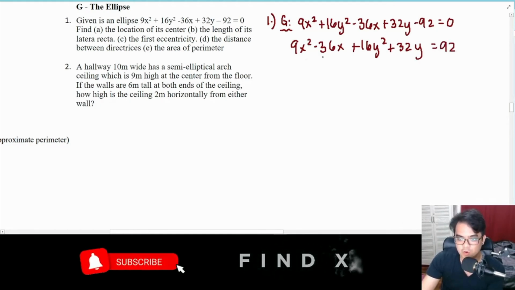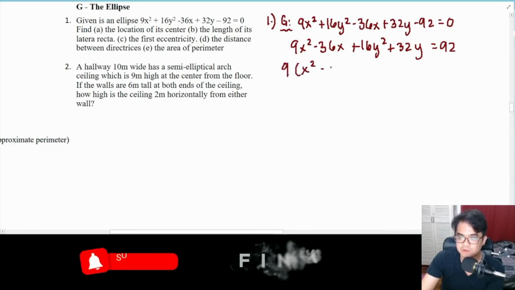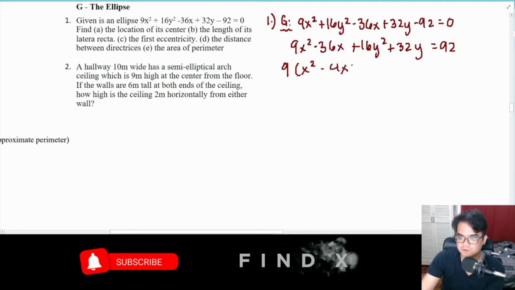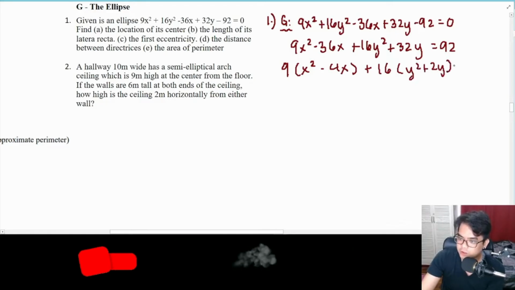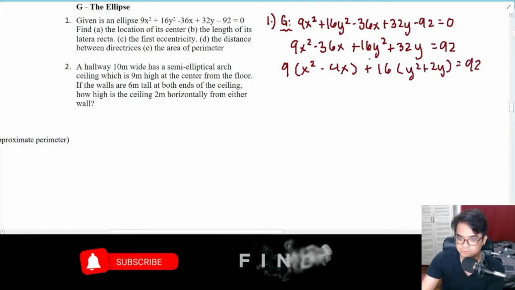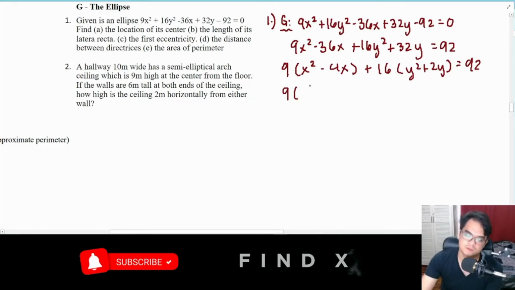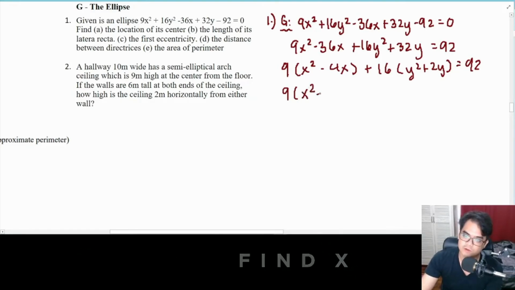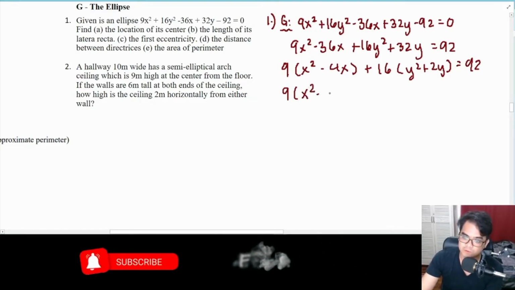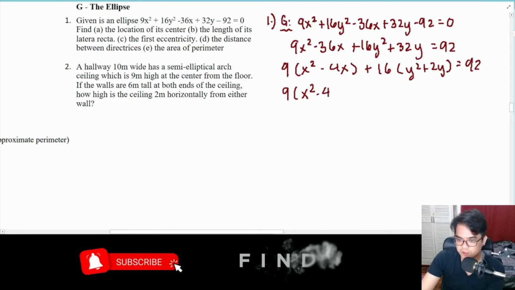So 9 and 36 have a common factor, so you can factor out 9. So you'll have your x squared minus 4x. Okay? Plus now 16, so y squared plus 2y equal to 92. Okay, so now we can apply the completing the square. So negative 4 divided by 2 is negative 2, and the square of that is plus 4.